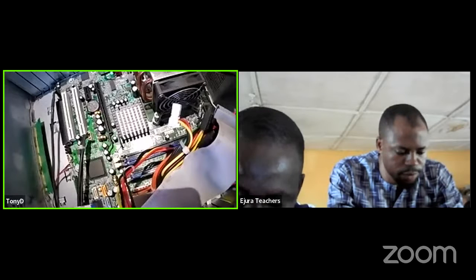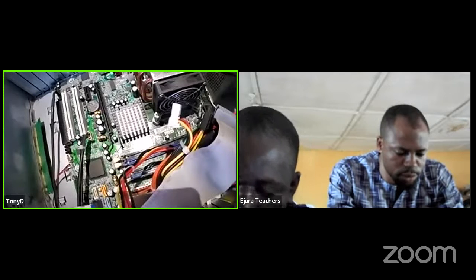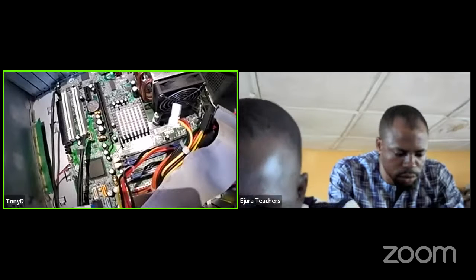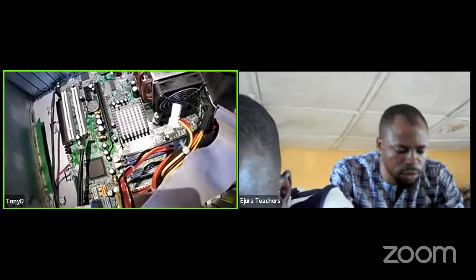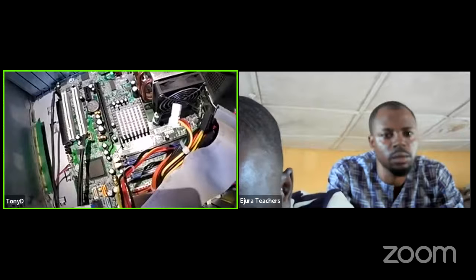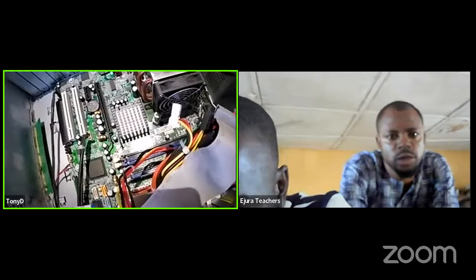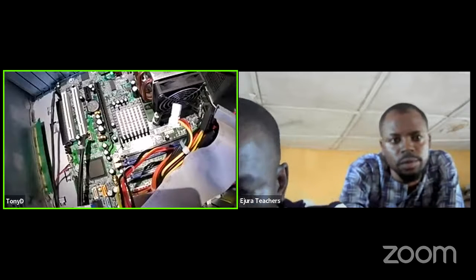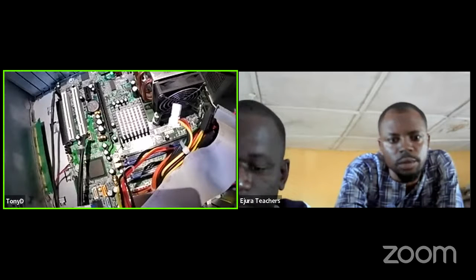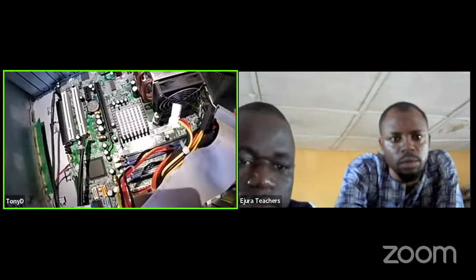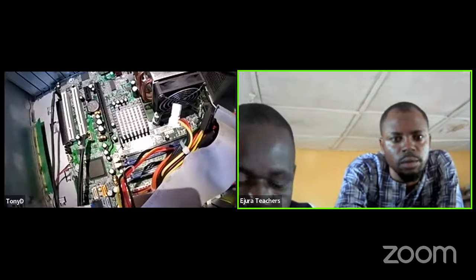So these are all examples of the processor. The core processor, the i5, they have different kinds of processor. Which means that with regards to me and you, some brains are faster than the others.